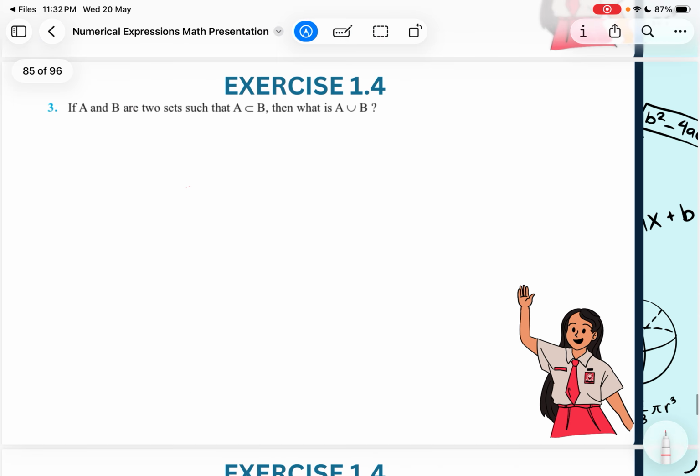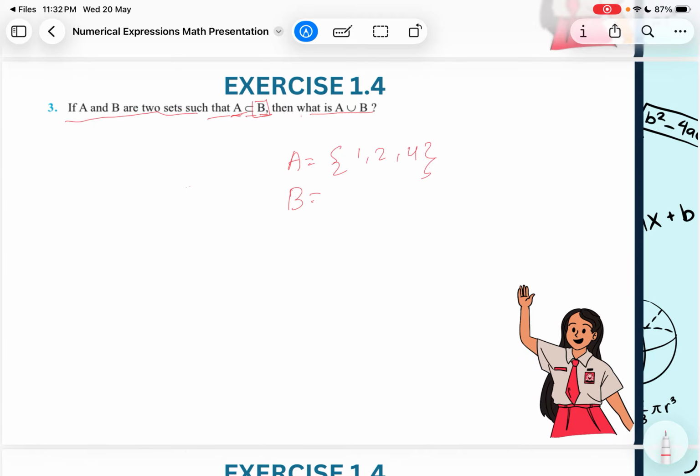Okay. Now question number 3: if A and B are two sets such that A is a subset of B, then what is A union B? So for example, A equal to {1, 2, 3}. Because A is a subset of B, B will have more elements compared to A, or equal.